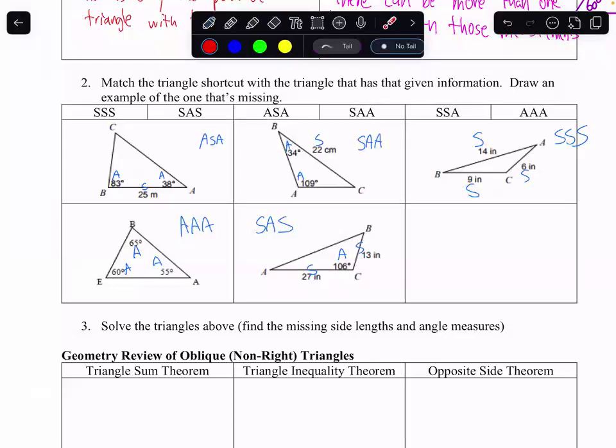Okay, so our goal for these last three lessons of the unit are to be able to solve any triangle. Solve means find all missing side lengths and angle measures. Okay, so you might be thinking, well, haven't we done a lot with triangles already? Don't we already know how to solve them?